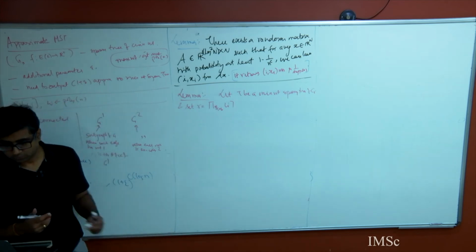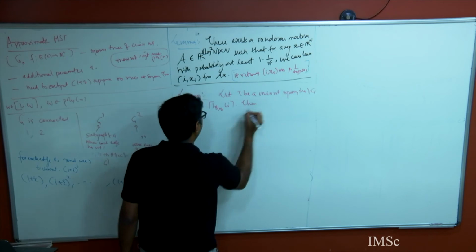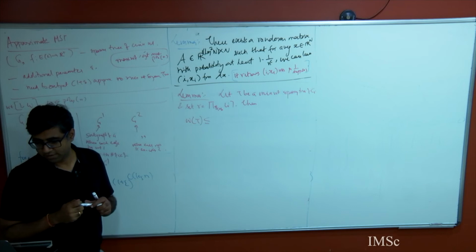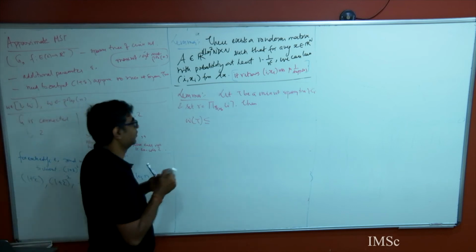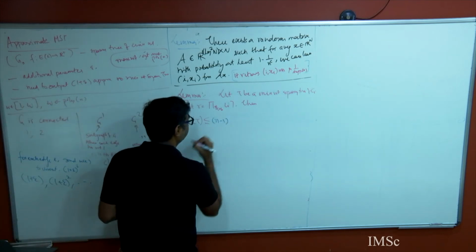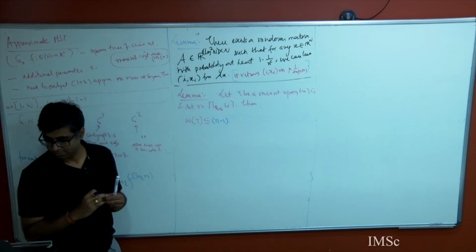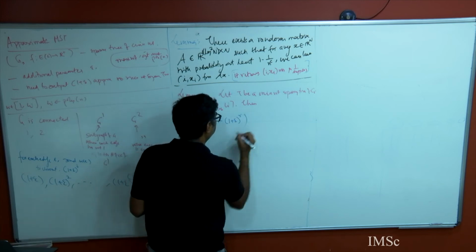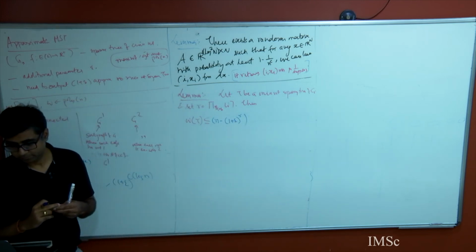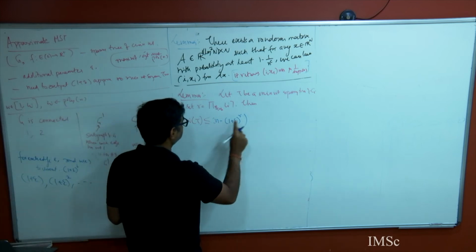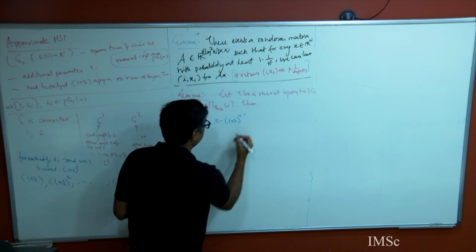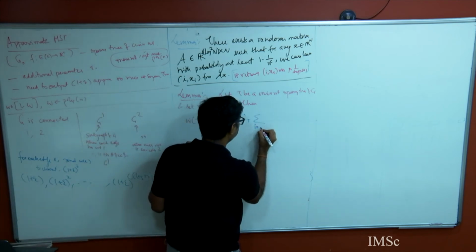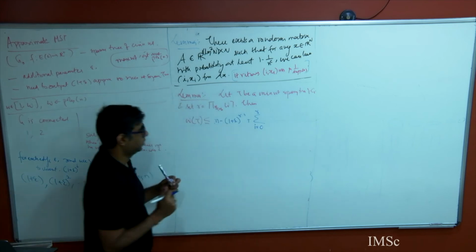Then the weight of T is less than or equal to, any guess, n minus 1 plus, and we have to also add some more things, plus the summation for i equal to 0 to R.